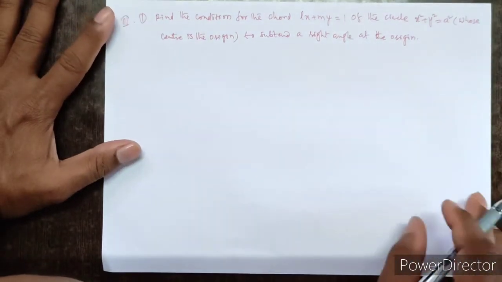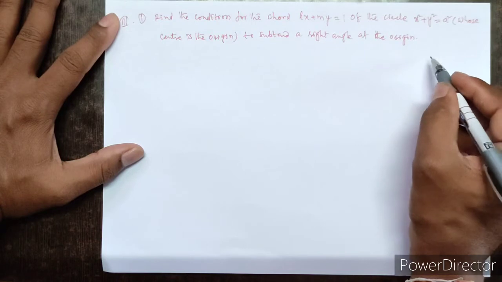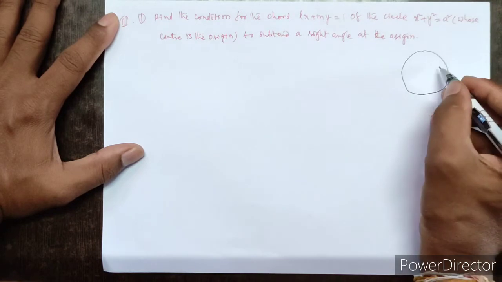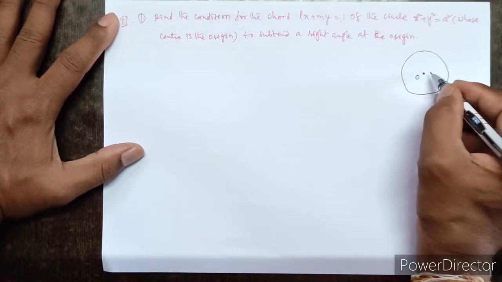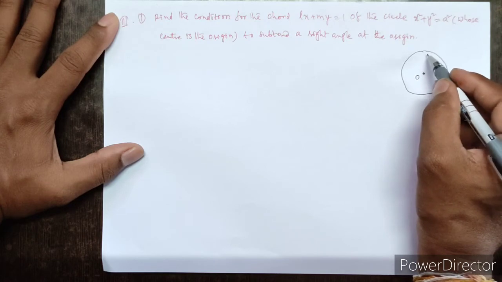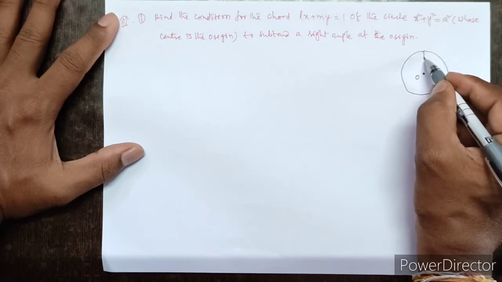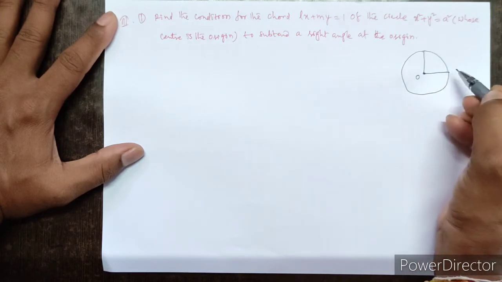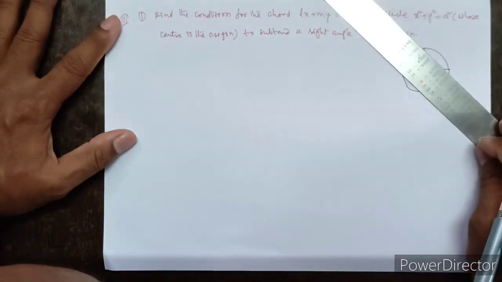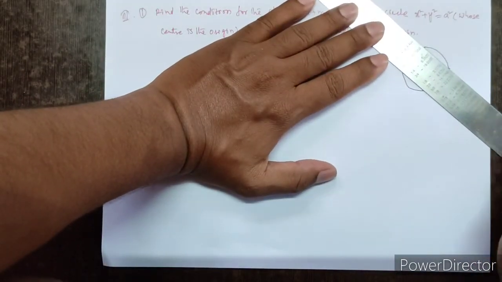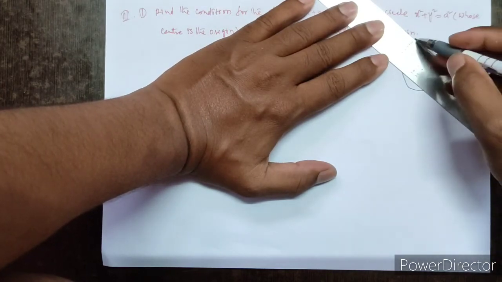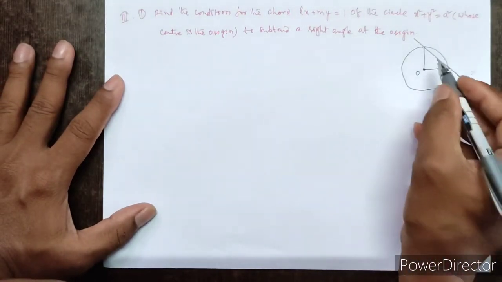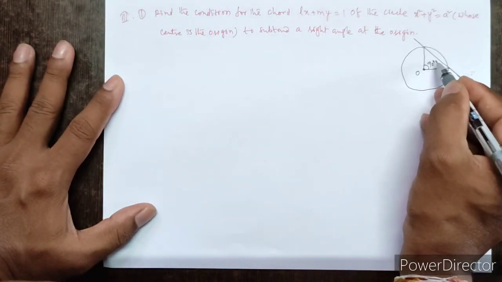Of course, the figure is like this: circle, this is the origin O, these are the pair of lines, and this is the given line, and the angle is 90 degrees at the origin.